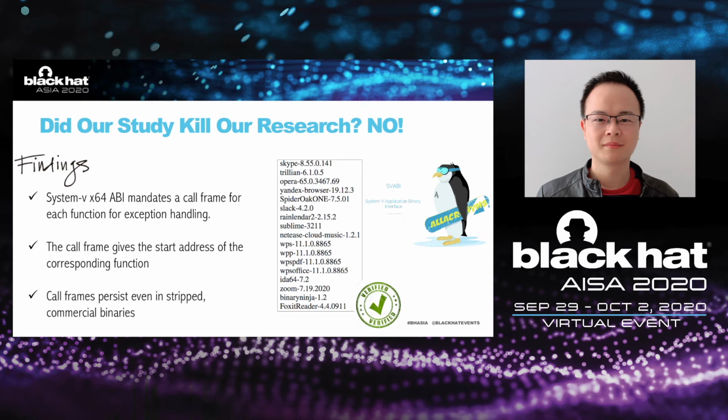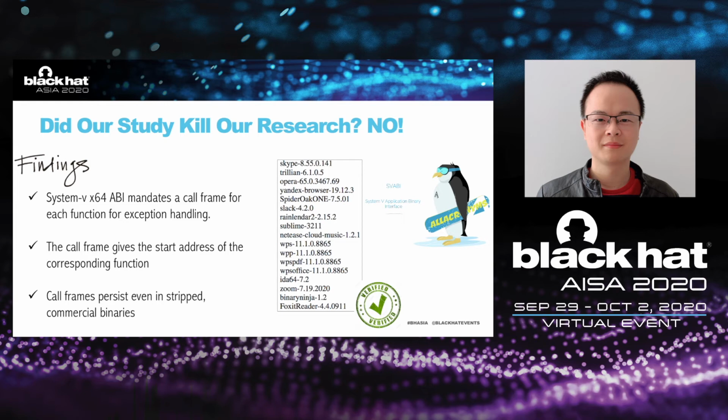Due to time limit, I will skip the details, but I want to point out two key things. First, the call frame information explicitly gives the start address of the corresponding function. Second, as I mentioned, the call frame information is needed for exception handling. As such, it cannot be disabled or stripped. This has been verified by our study of a group of commercial binary software.